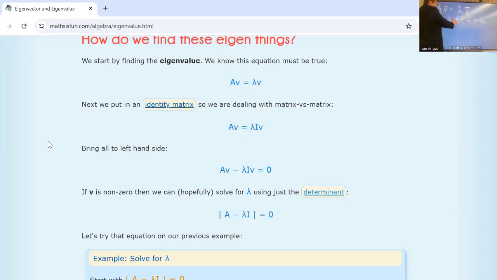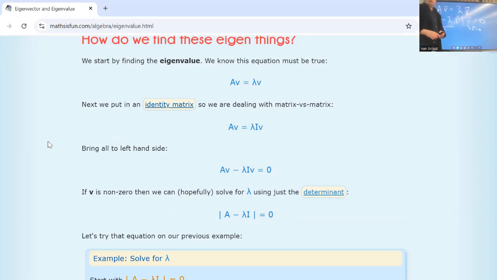Now, if this matrix is invertible, I could multiply by the inverse, (A minus lambda I) to the minus 1. This will become identity, and this will give me a vector equals 0.